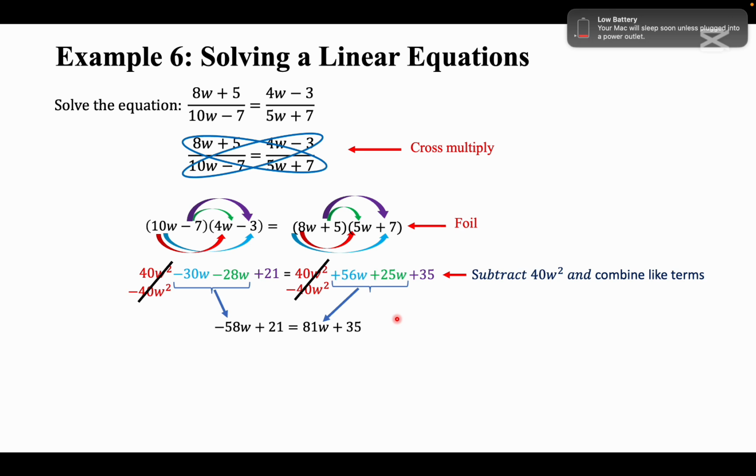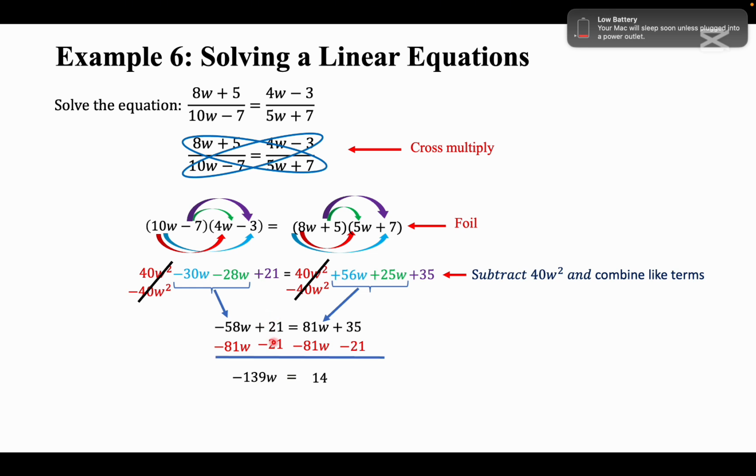From here, we just need to move the variables to the same side and the constant numbers over to the opposite side. Well, we can subtract 81w on both ends. Because it's addition here, I have to subtract. And if we do that, we get to move this 21 by subtracting 21 on both ends as well. Let's add them vertically down.